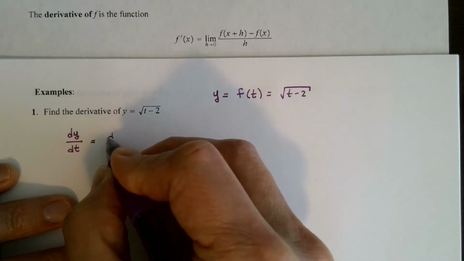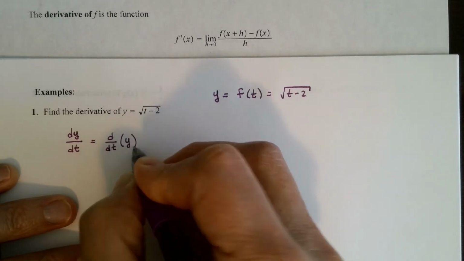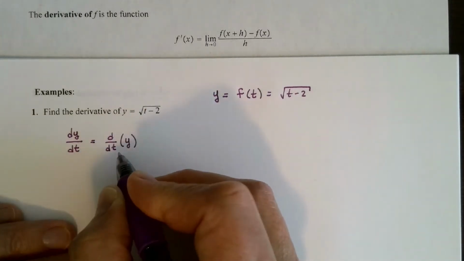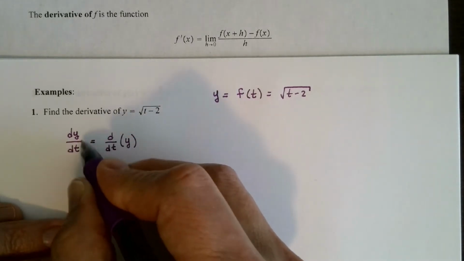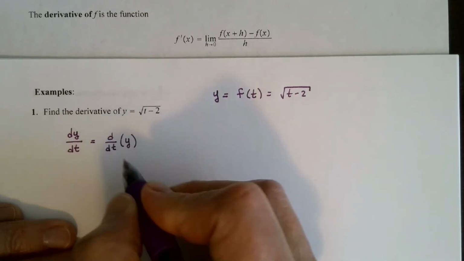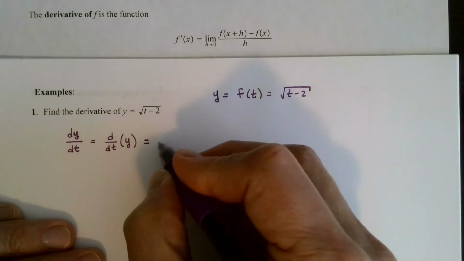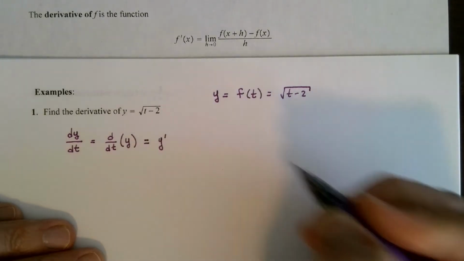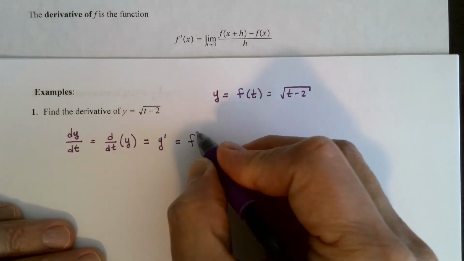This is also take the derivative with respect to t of y. Both of these are the same notation. Okay. Don't do dy dt and then parentheses y, because then you're saying multiply the derivative times the function. That's not what we want. Okay. Or you can do y prime, or since I've called this f of t, f prime of t.